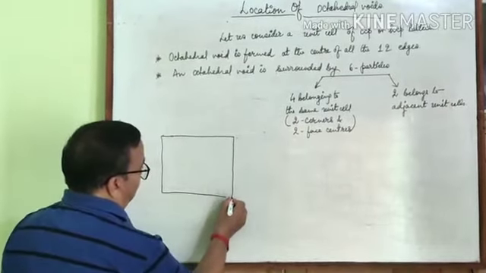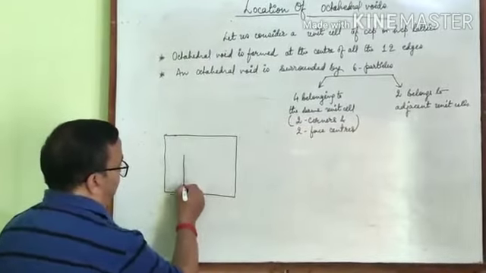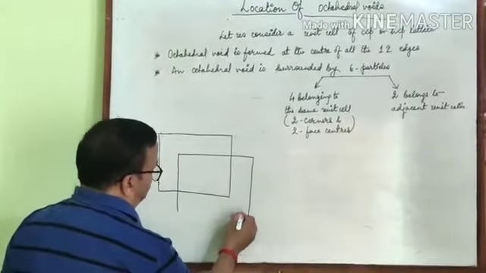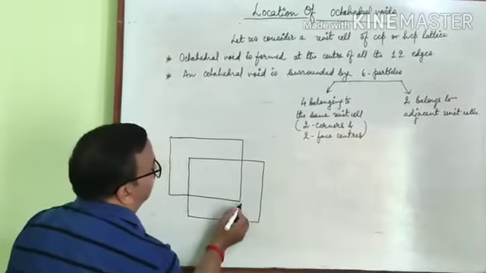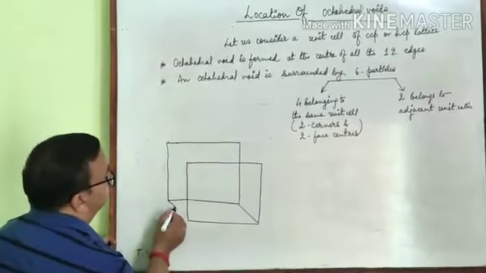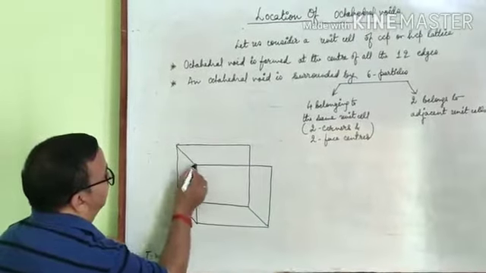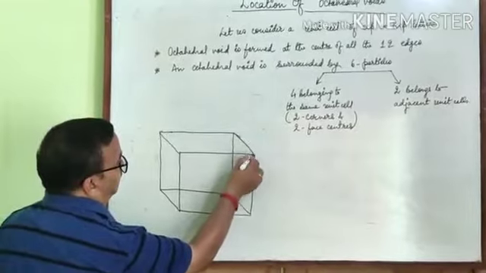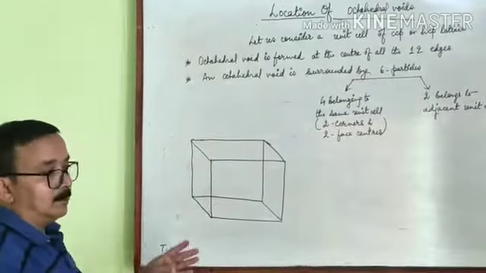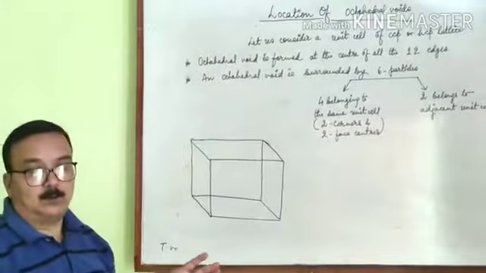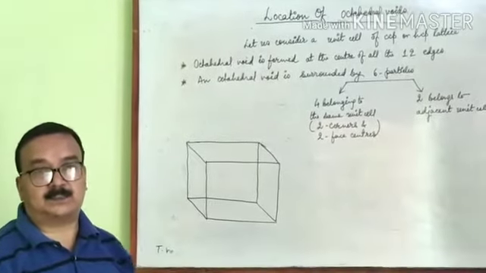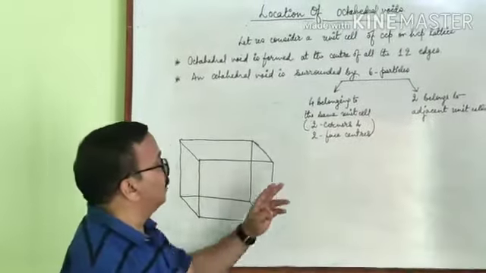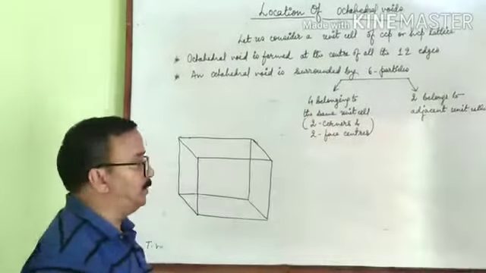We are drawing a unit cell. This is a unit cell. Now all together, how many particles do we need? We need 6 spheres. We know that 4 belong to the same unit cell.